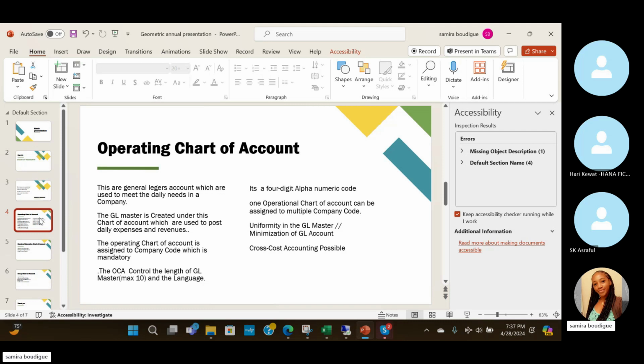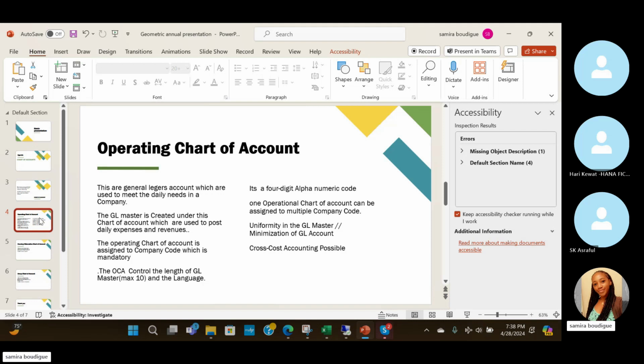Operating chart of accounts are general ledger accounts which are used to meet daily needs in the company. They are created in order to run the day-to-day operation of the company, as far as daily expenses, revenues, and all different accounts.